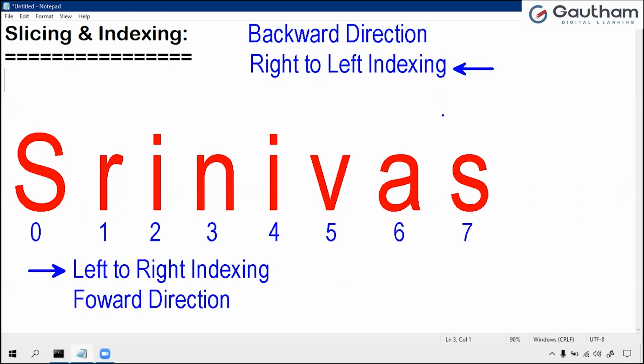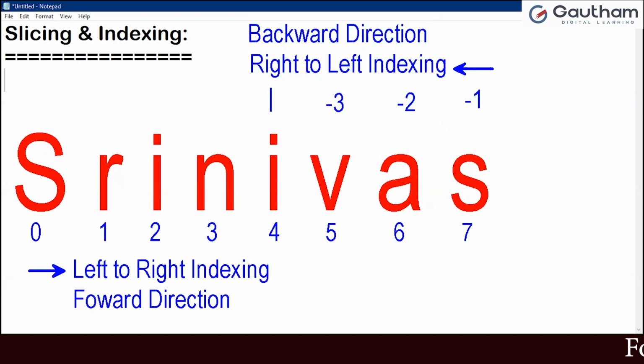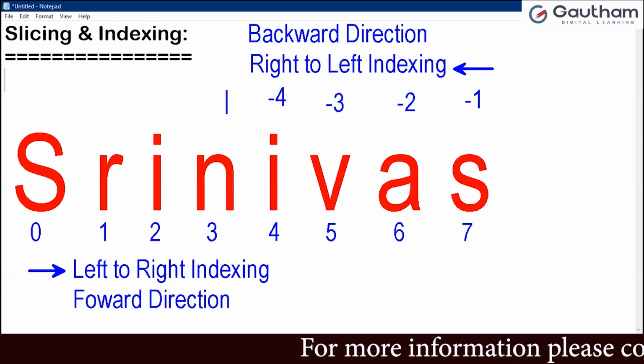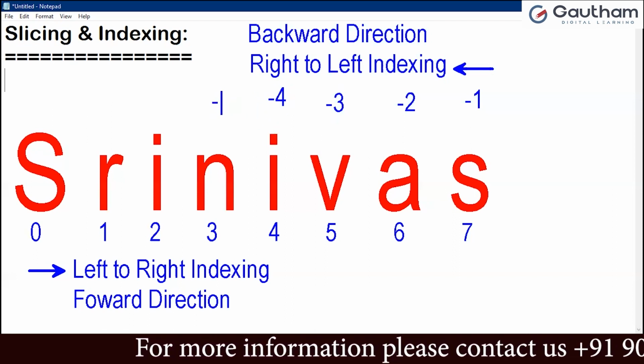Here the indexing starts with -1, meaning the last character's index is -1 when working from right to left, in the backward direction. This we can also call negative indexing, the reverse or backward slicing.